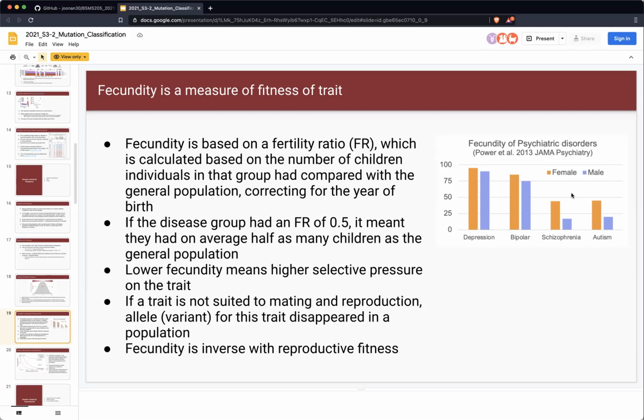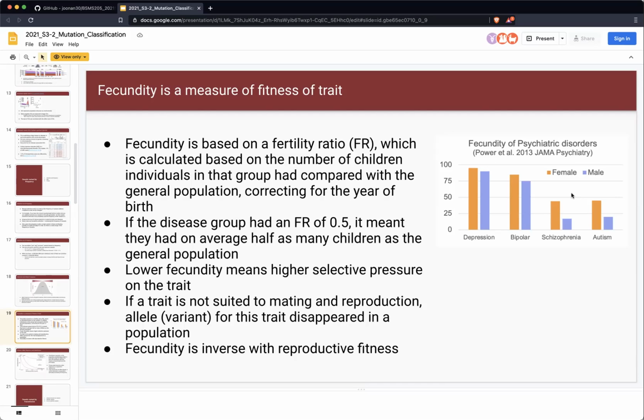Right? So for schizophrenia, the reduced fecundity was one of the hot topics in the 1960s and 70s. Evolutionists like Julian Huxley raised the question: we see the reduced fecundity of schizophrenia in our population, but why do people still keep having schizophrenia over the generations? How can that happen?